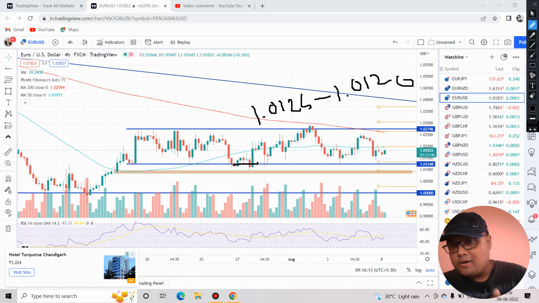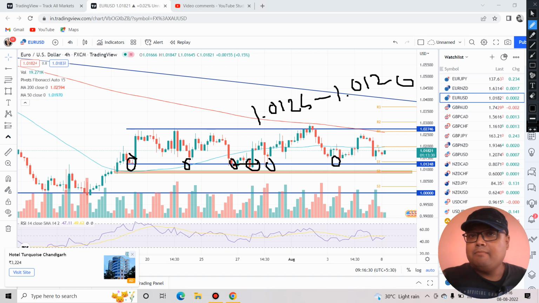But my dear friends, one thing I would like to remind you, the market has already tested this level too many times. You can see that market is constantly testing this level. Okay, and as we all know, if we find market testing a level too many times, the level loses its strength. So yes, next time whenever market will be testing this level here, be careful.